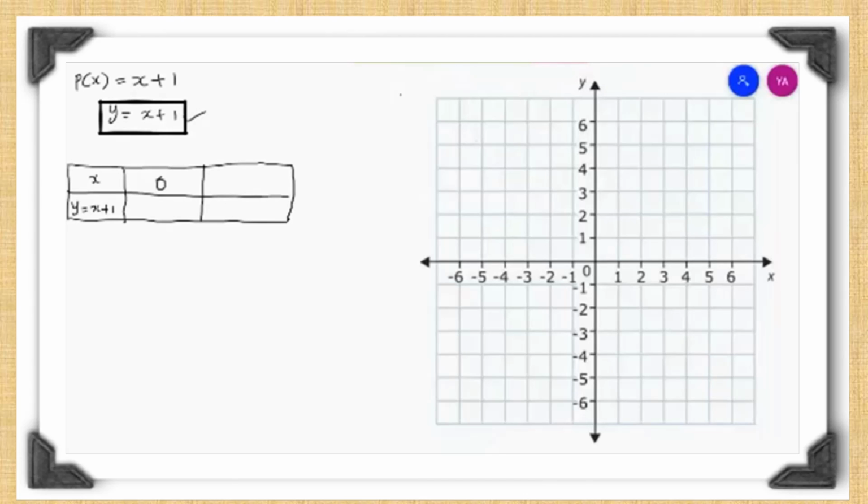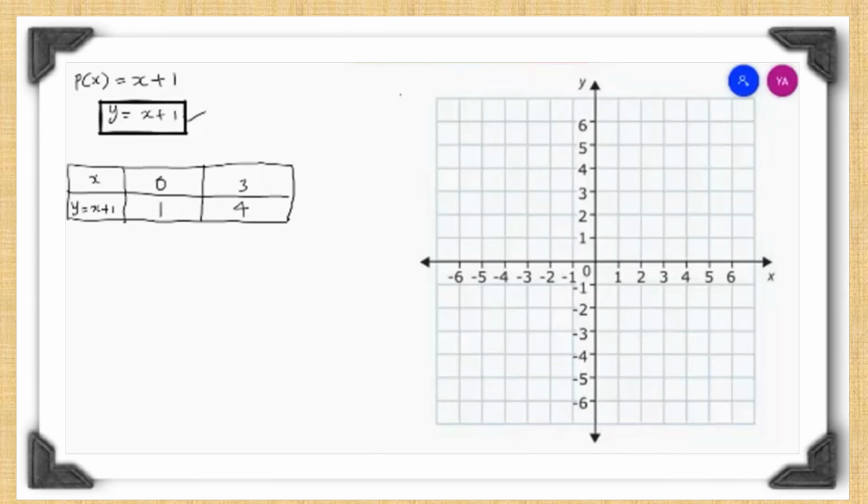So 0 plus 1 is 1, you are correct. Then next, one more point we need. We can choose any x value, and we have to take the corresponding y value. We can put some gap, so suppose I take x is equal to 3. What will be the y value? 4. Okay, so you got 2 points.